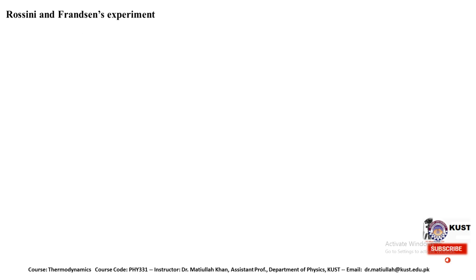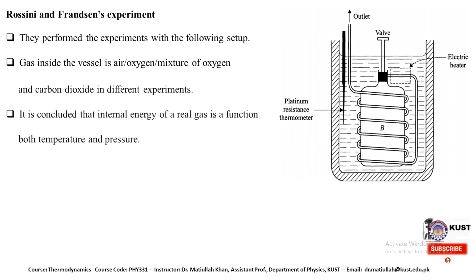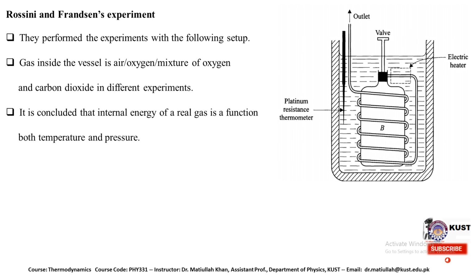For this purpose, two other scientists, Rossini and Frandsen, performed an experiment. That experiment was performed by considering another setup, and there was a vessel, and this vessel contained air, maybe oxygen, or maybe a mixture of oxygen and carbon dioxide in different experiments.